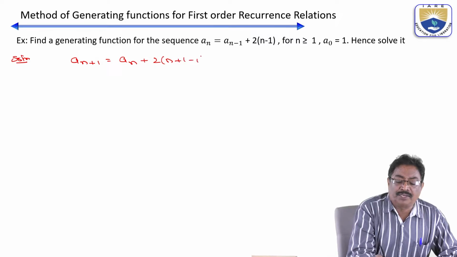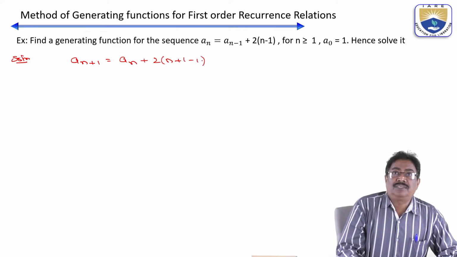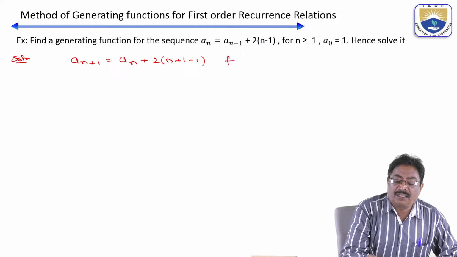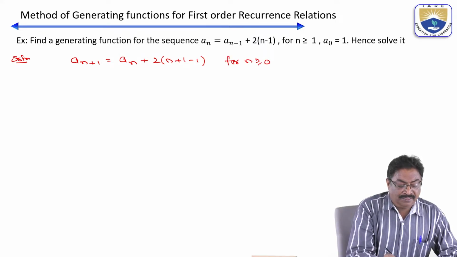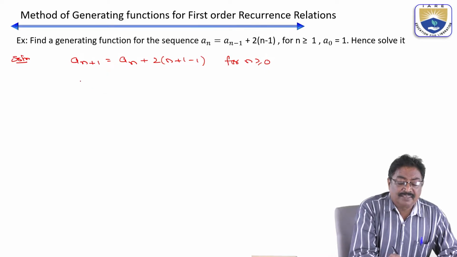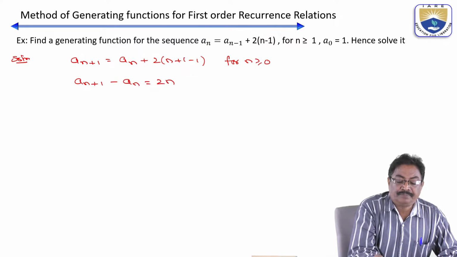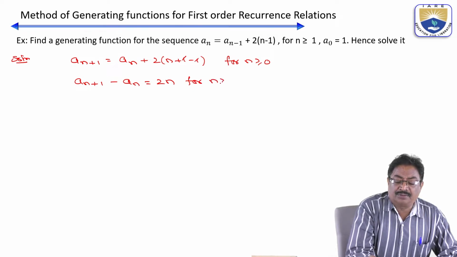So I am going to get this, which is for n is greater than or equals to 0. Then I am going to write this as a n plus 1 minus a n is equals to 2n. This is for n is greater than or equals to 0.